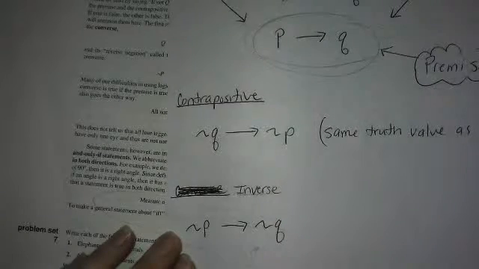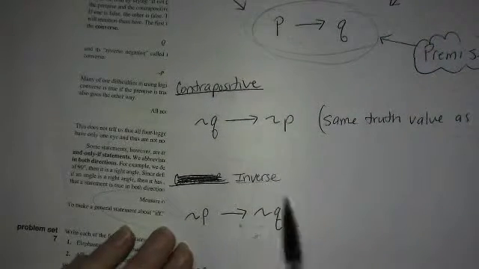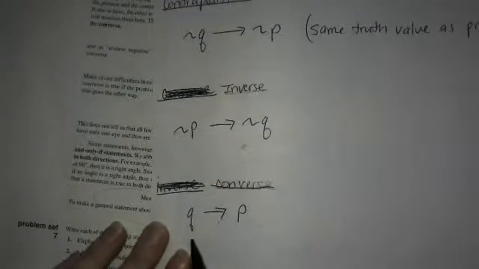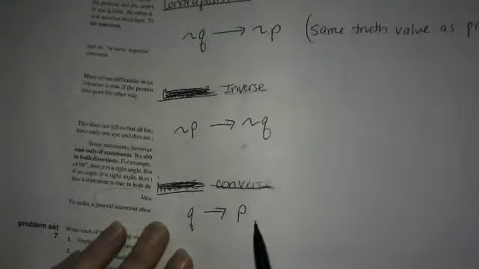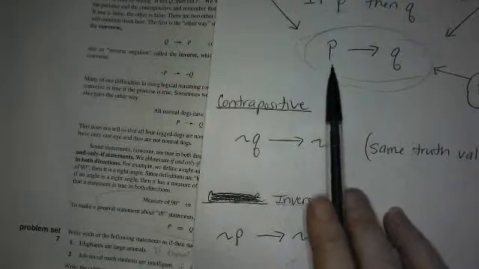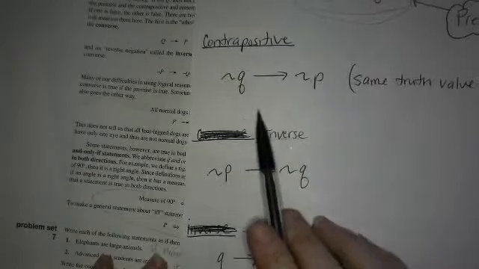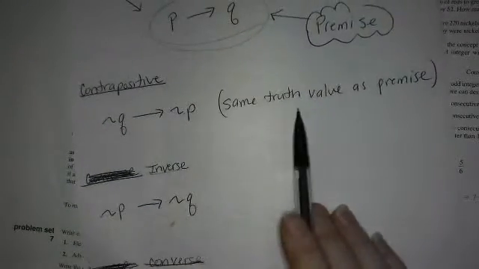That's not necessarily true. And the converse would say, if it's a fast runner, then it's a rabbit. Remember, our original one was, if it's a rabbit, then it's a fast runner. So the converse just takes it and flips it. Sometimes converses are true and sometimes they're not. Same thing with inverses. But contrapositives are always true. You're wondering what it says, right? Same truth value as the premise.